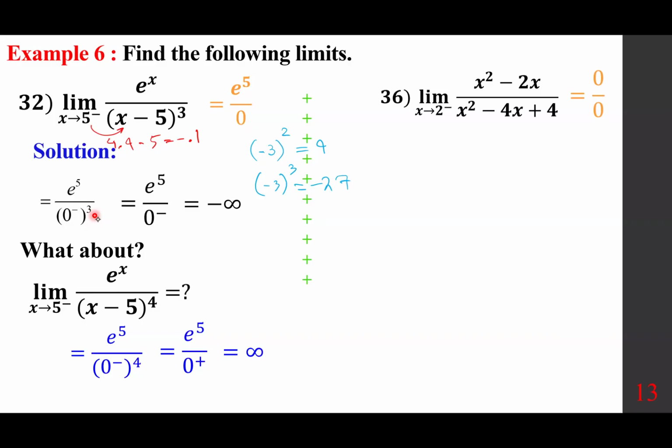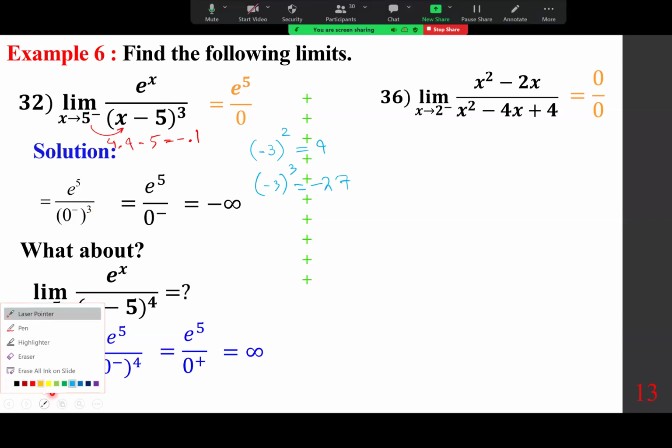But in case you don't do that, you get 0 over 0, which is indeterminate, which means you have to do your techniques. In this case, the technique is factoring.